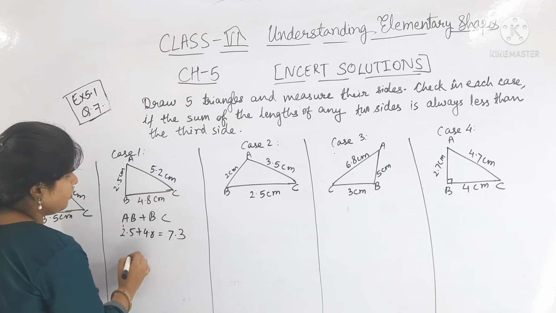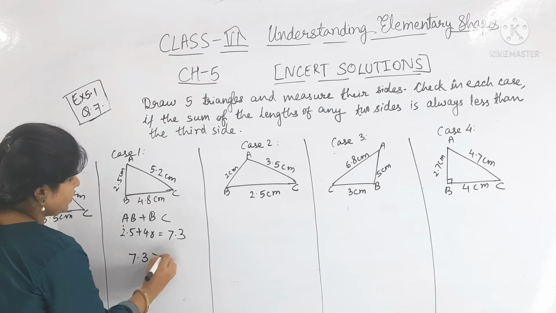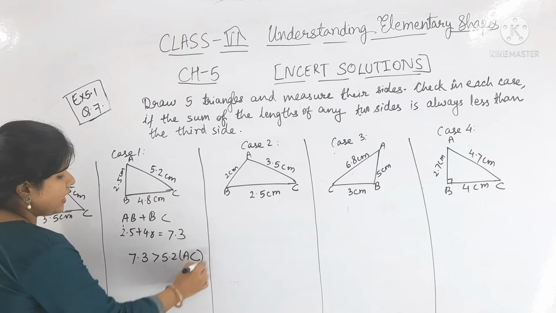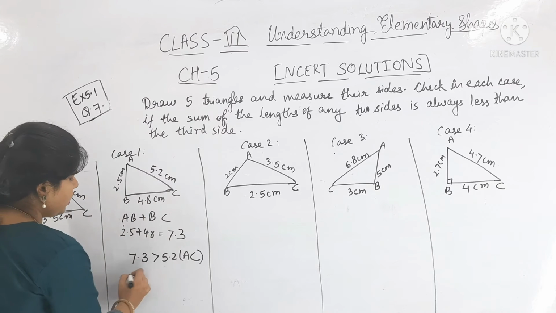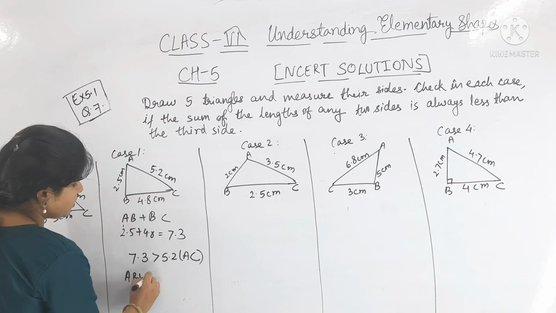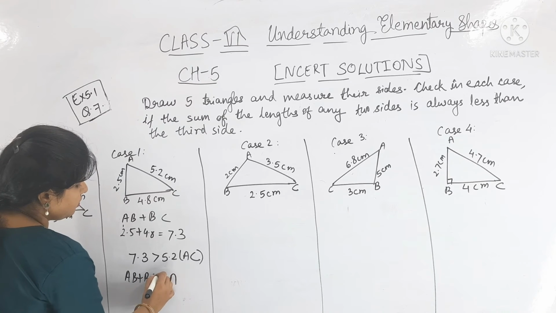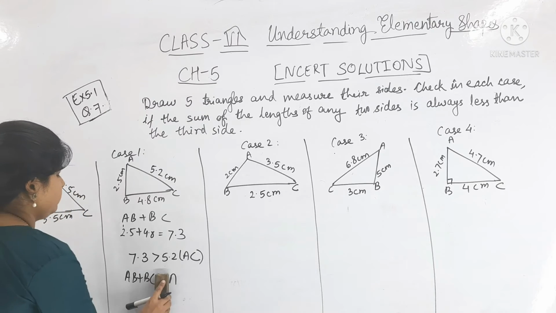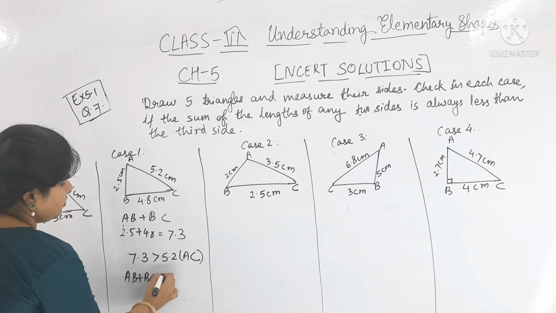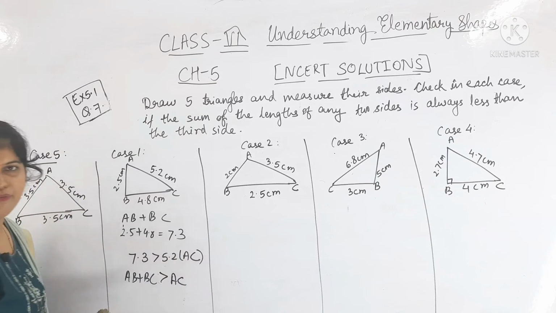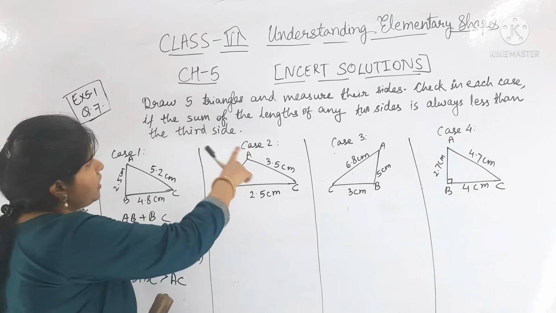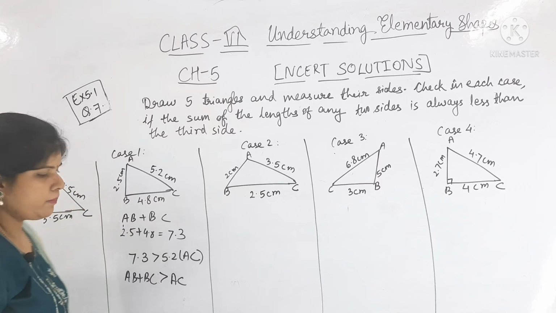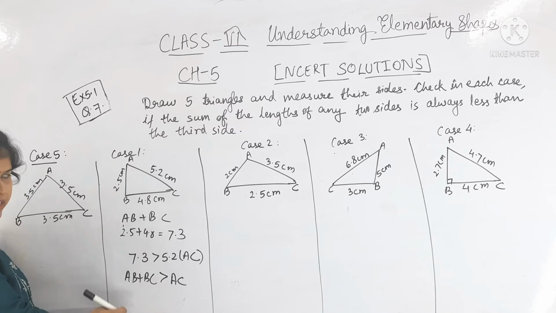So 7.3. So 7.3 is greater than 5.2, that is AC. Okay, so that is the third side. So here you can see that AB plus BC is greater than AC. That is the first case. Here it is written sum of the length of any two sides is always less than third side, but here you can see that it is greater than third side.